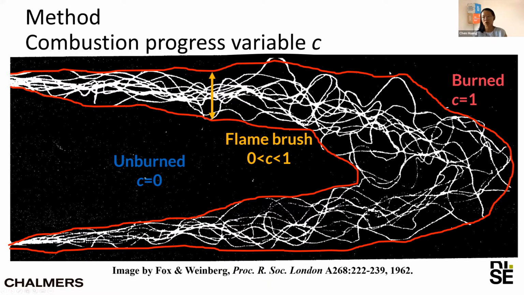In the image of the premixed flame, unburned is C equals 0, burned is C equals 1, and everything between the unburned and burned is between 0 and 1. It's within the flame brush.